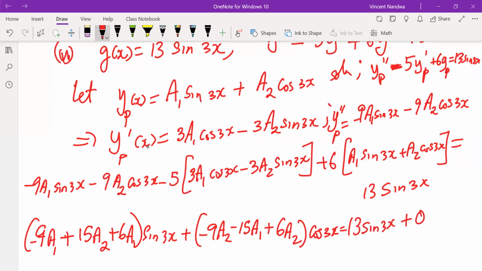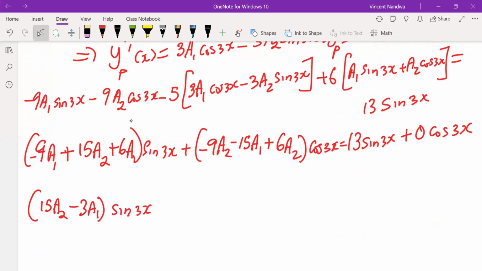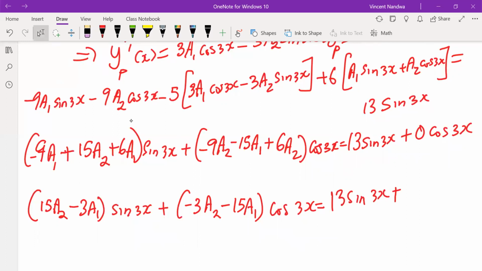And actually, I can say plus 0 cos 3x. So this will give me (15a2 minus 3a1) sine 3x plus (minus 3a2 minus 15a1) cos of 3x equals 13 sine 3x plus 0 cos 3x.